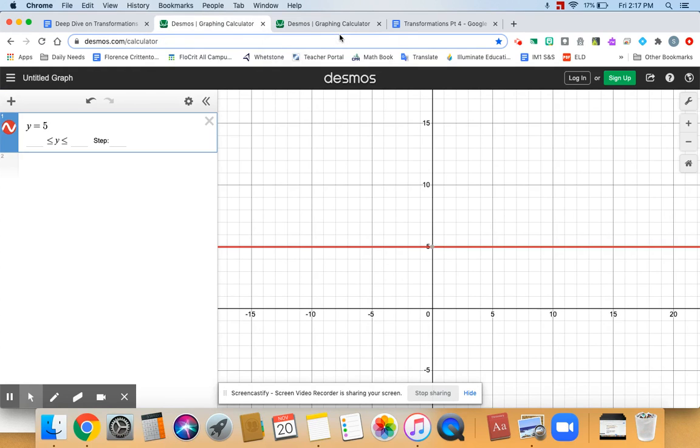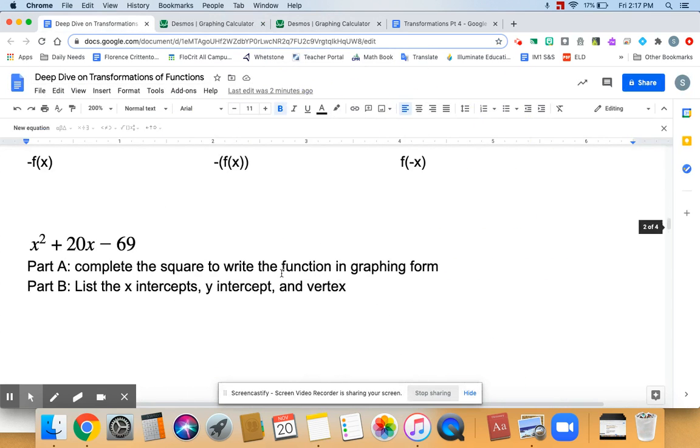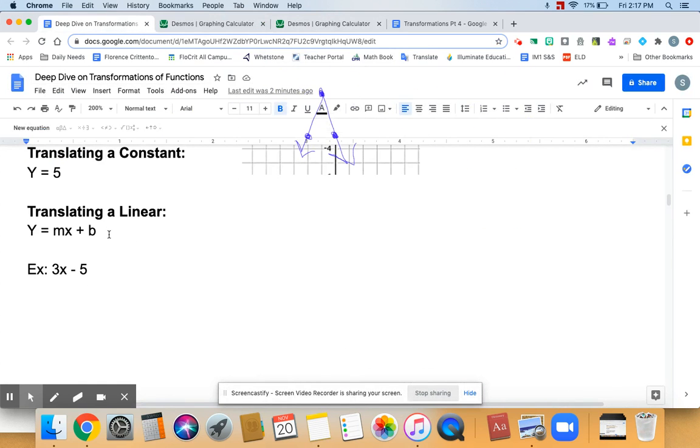So then linears take this general form of y equals mx plus b. An example of this might be 3x minus 5.